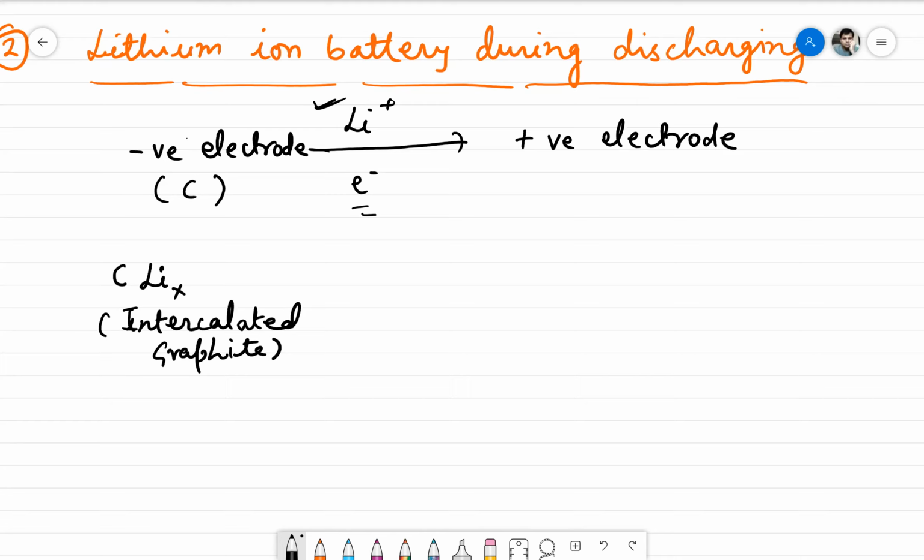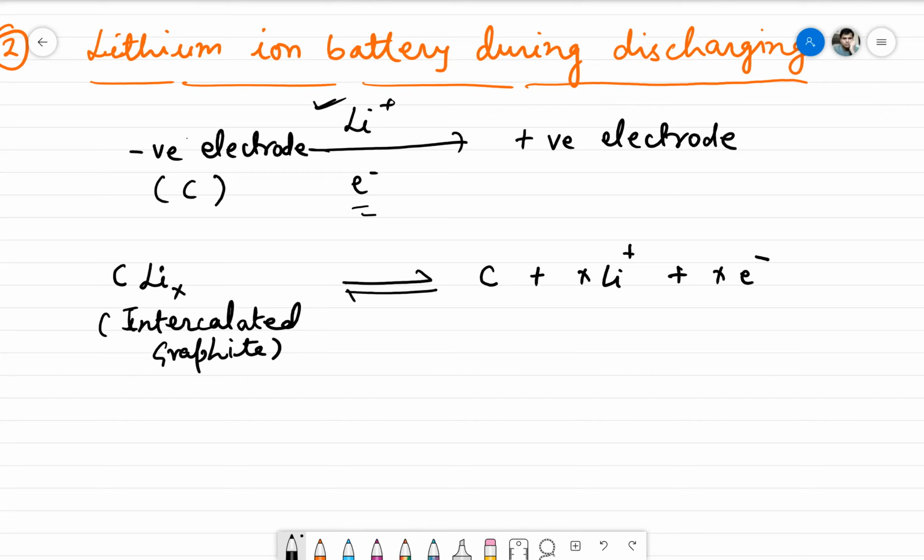From this layer, the lithium ions and electrons both flow towards the positive electrode, and what we get back is graphite in its original state. So X lithium ions flow back towards the positive electrode, and here we get electrons.